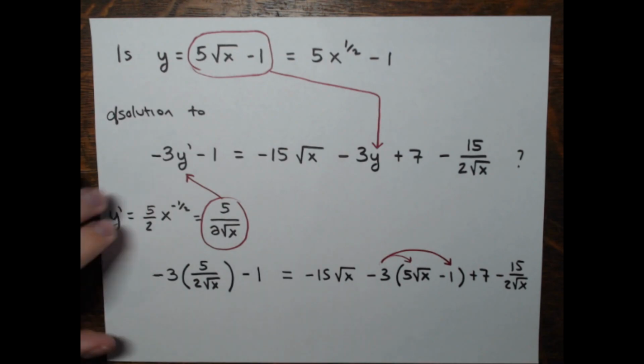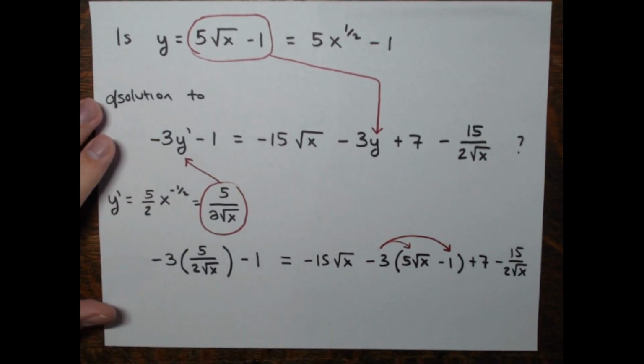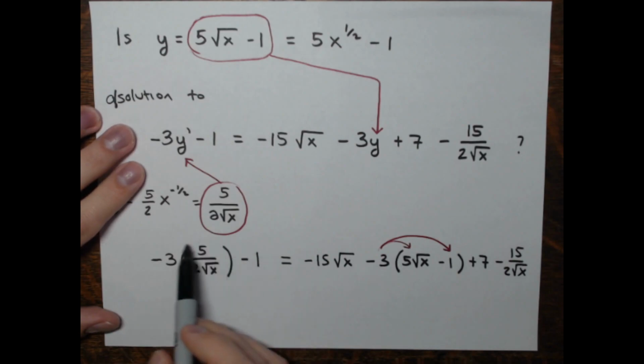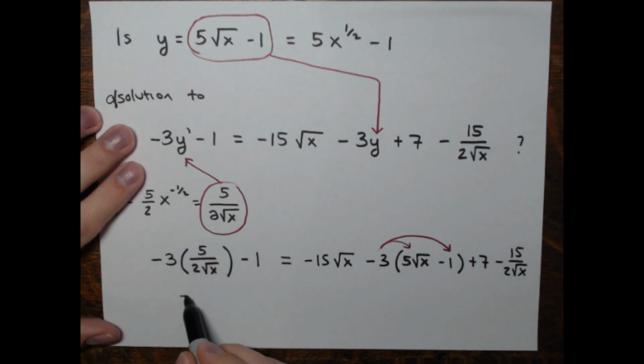And I'm just gonna skip to the end here, combine some like terms. On the left side, negative 3 times this 5 over 2 root x, that would just be negative 15 over 2 square root of x. And then you still got this minus 1. Okay, so there's the left side.